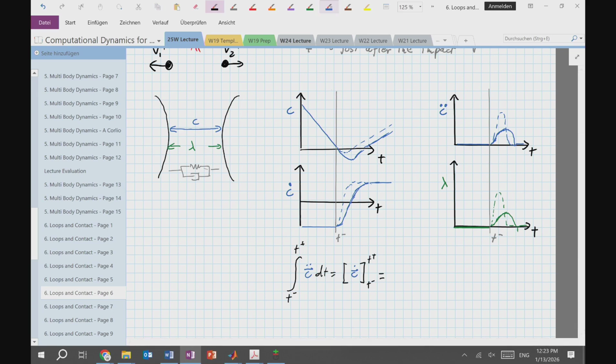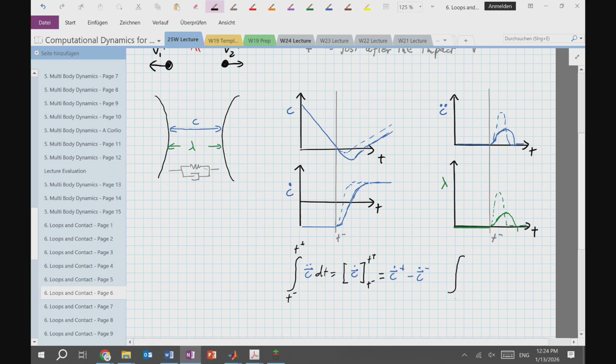What that gives me is the velocity after the collision minus the velocity before the collision. So the area under this curve is simply the difference between this velocity and that velocity. And if energy dissipation is independent of stiffness, the area under this solid curve and under the dashed curve have to be the same. So that stays constant. It does not change with stiffness.